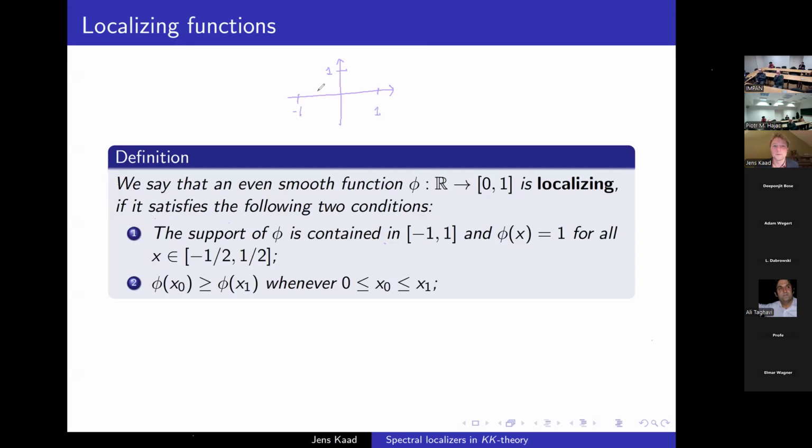Then I have -1/2 and 1/2 here. And so my function has to be constant between -1/2 and 1/2. Then it has to go down so that the support is contained inside this closed interval from -1 to 1. So that's a typical localizing function, that's the graph of such a localizing function.